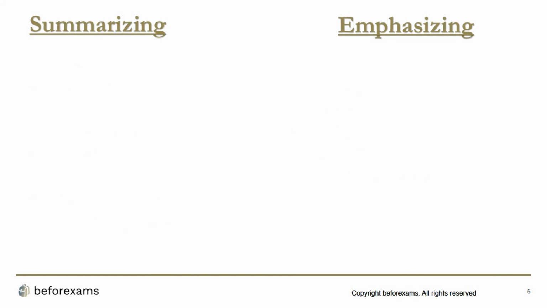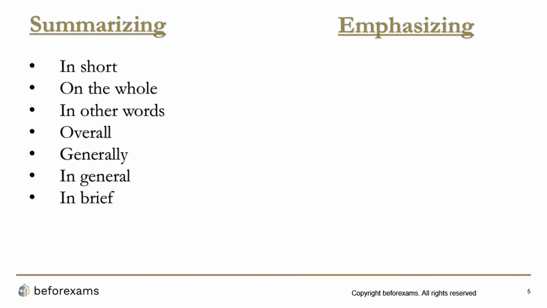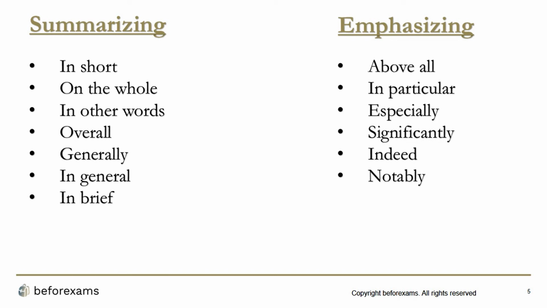The next connector type is summarizing. Some summarizing connectors are in short, on the whole, in other words, overall, generally, in general, in brief. Emphasizing connectors: above all, in particular, especially, significantly, indeed, notably. So use these emphasizing connectors to develop a habit of using them.